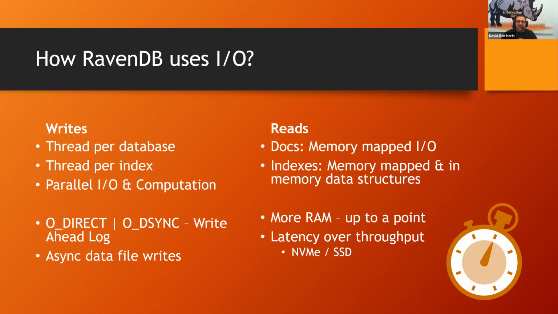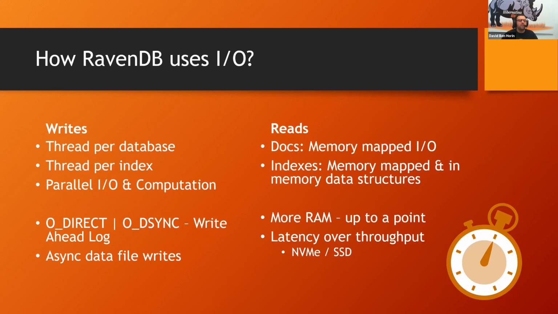Now, this actually becomes quite complex. So let's talk about how RavenDB actually operates. In general, each database inside of RavenDB, and each index inside of those databases, has its own dedicated thread.